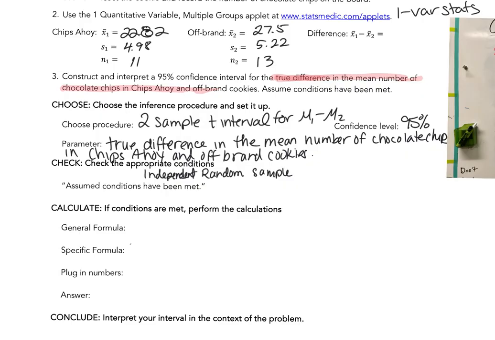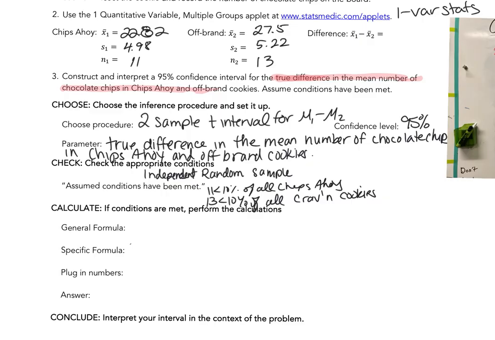The 11 cookies is less than 10% of all Chips Ahoy, right? And 13 is less than 10% of all Craven brand. So we can sample without replacement, which we did. You can't crumble the cookie more than once.